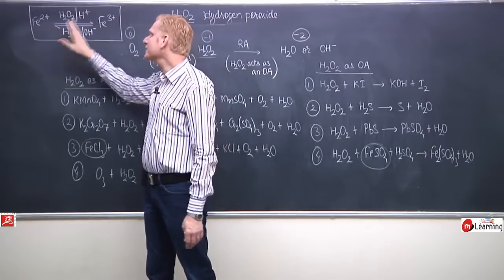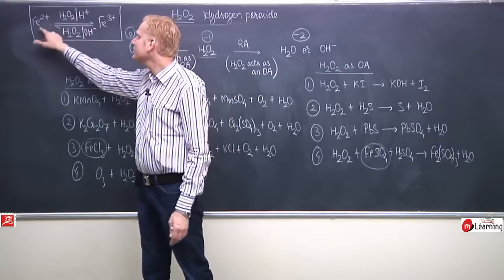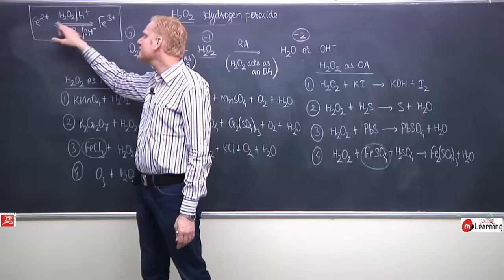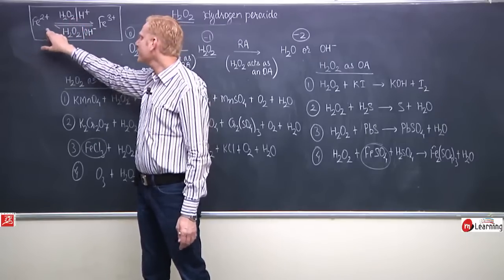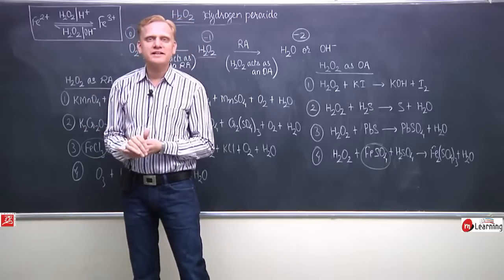And when ferrous undergoes oxidation, hydrogen peroxide is acting as oxidizing agent, or in other words we can say it will be reduced. When ferrous undergoes oxidation, it can reduce hydrogen peroxide.